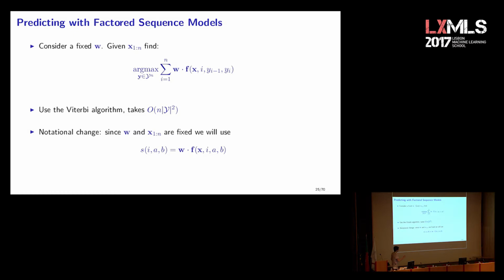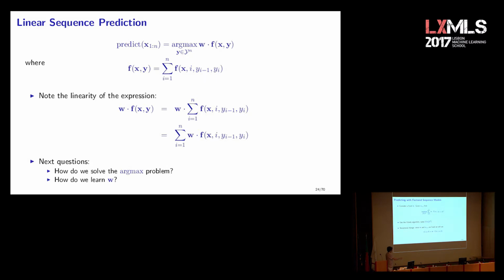I'm going to present a little bit of the intuition of Viterbi, but just a little bit. Because everything is fixed, I'm going to change the notation. I prefer this form here, not this form here, because this form gives me more the sequential thing.